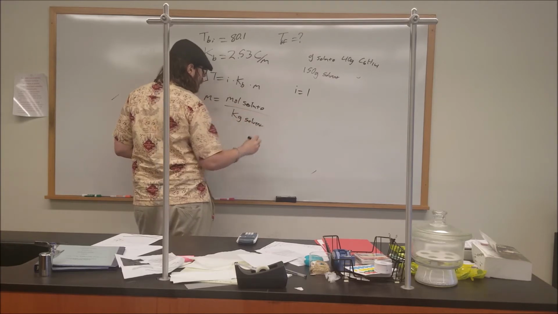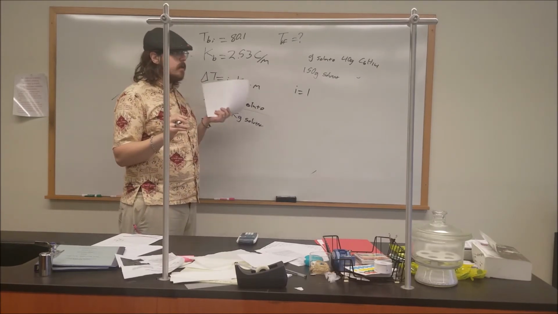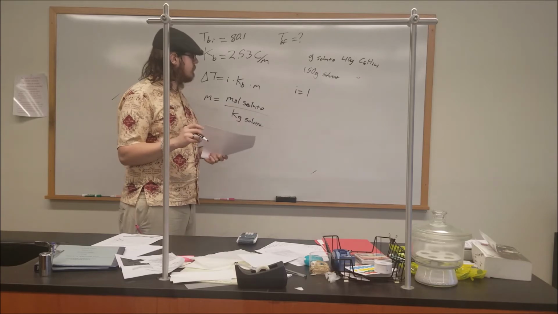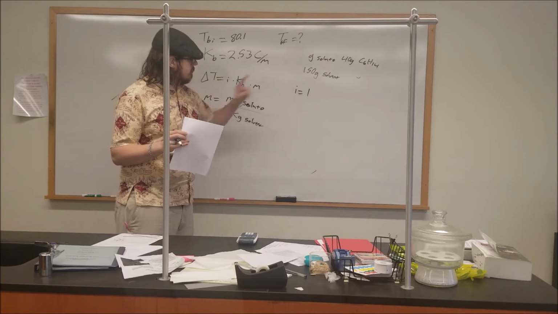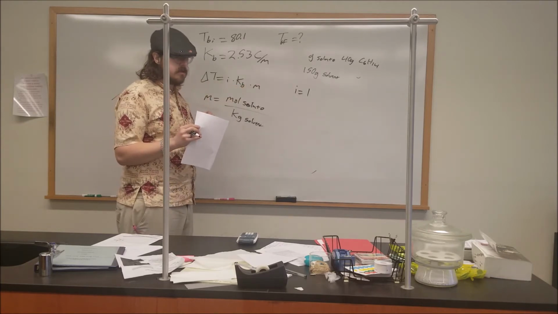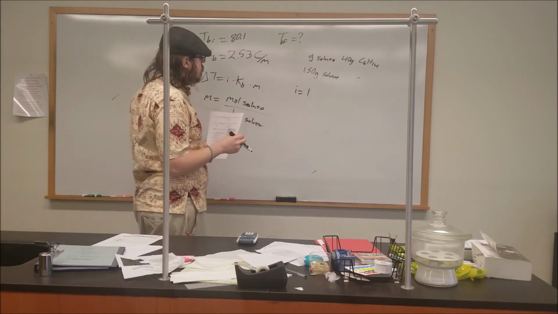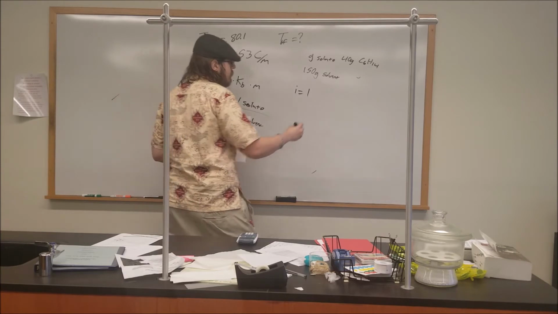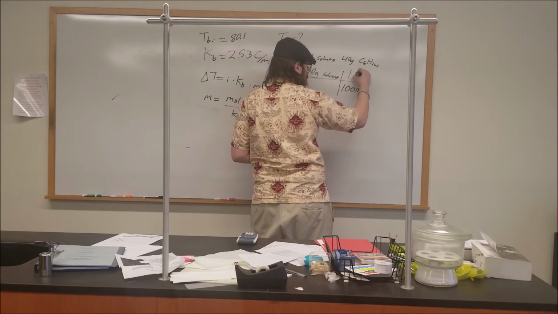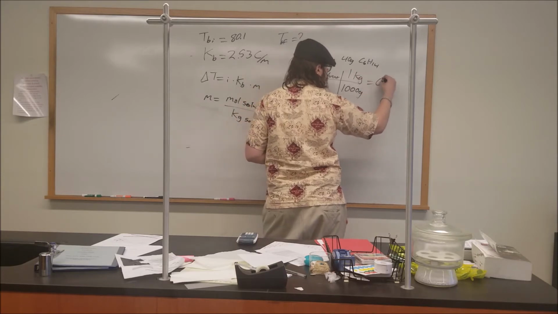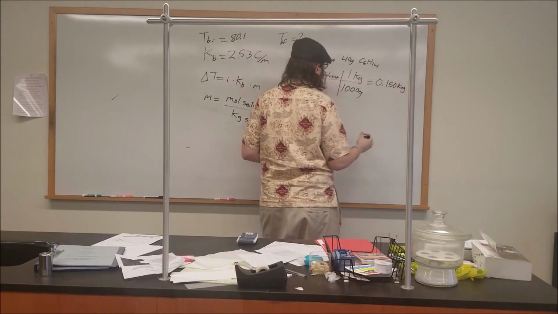So we don't need the total weight of solution, we just need kilograms of solvent. We're going to turn grams of solvent into kilograms, and grams of solute into moles of solute. There are 1,000 grams in 1 kilogram, so we have 0.150 kilograms of solvent.